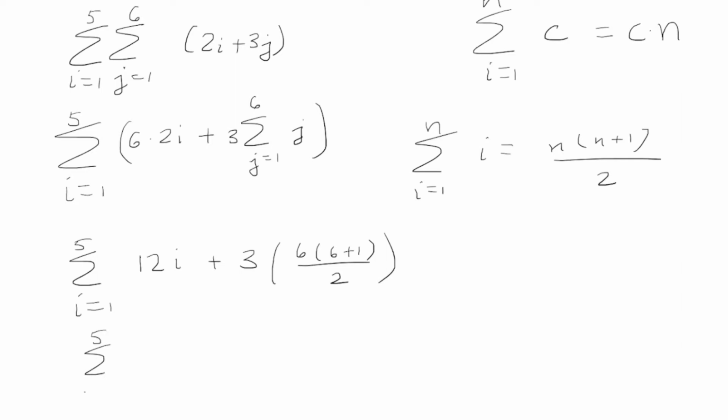Simplifying it more, this is 12i plus, now 6 over 2 is 3, and 3 times 3 is 9. 6 plus 1 is 7, so 9 times 7 is 63. So I can break this up into two separate sums, and the 12 can be factored out.